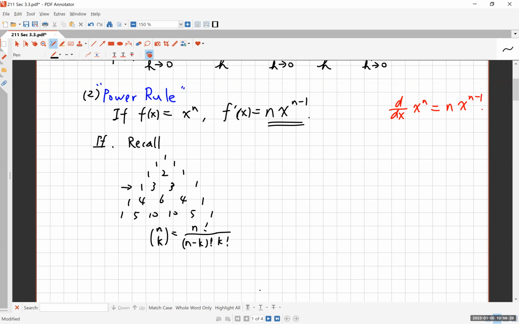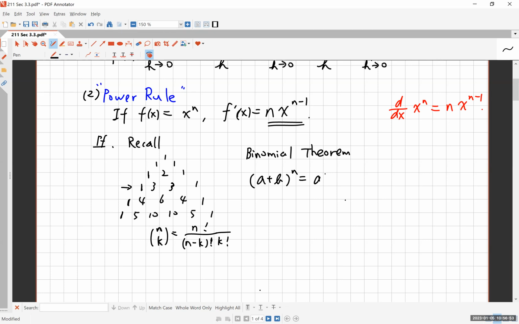Again, you don't need to know all of those details, but there is a thing called the binomial theorem, which tells you how to expand a binomial to the nth power. The first one is, of course, this number, the initial number in every line is 1.